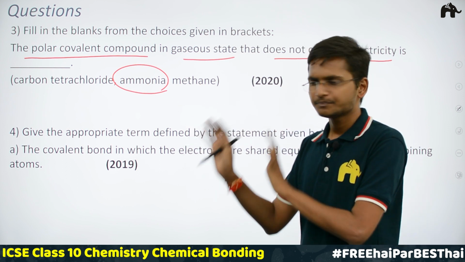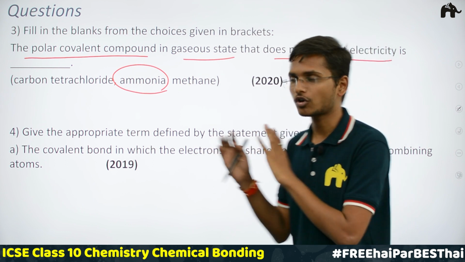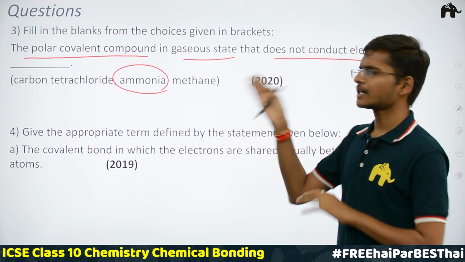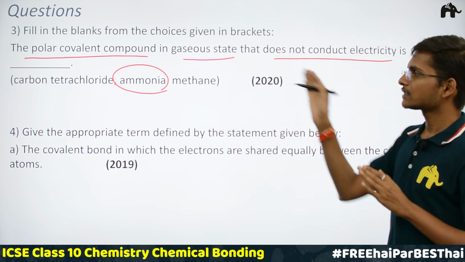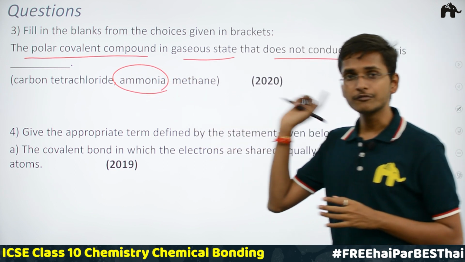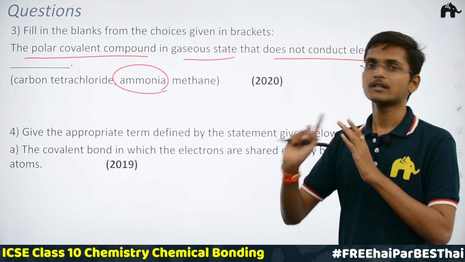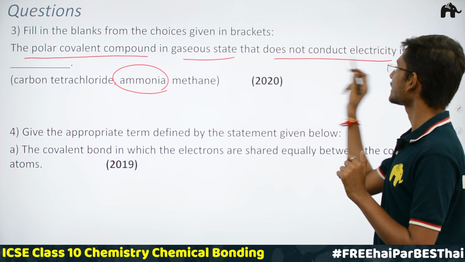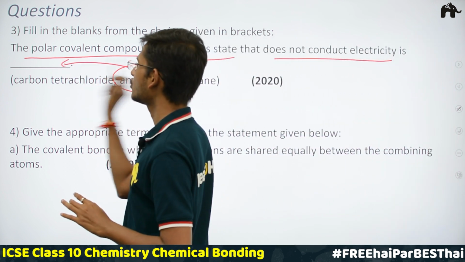But don't be in a hurry. Let's try to match all the other things as well, whether they are satisfied or not. In gaseous state, yes, ammonia is a gas, and that does not conduct electricity. Since it is a covalent compound, we know covalent compounds in solid, liquid and gaseous state do not conduct electricity. So yes, all three things are matching. Our answer is ammonia.